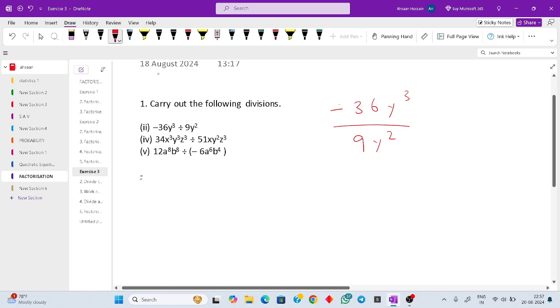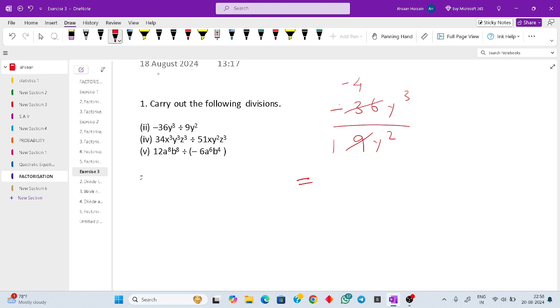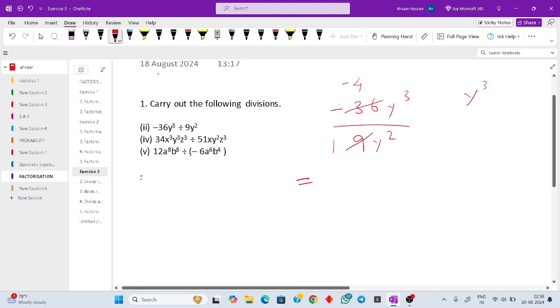This question is very simple. See, 9 one times 9, and 9 four times 36. And what about these two, y cube and y square? y cube means y into y into y, and y square means y into y.